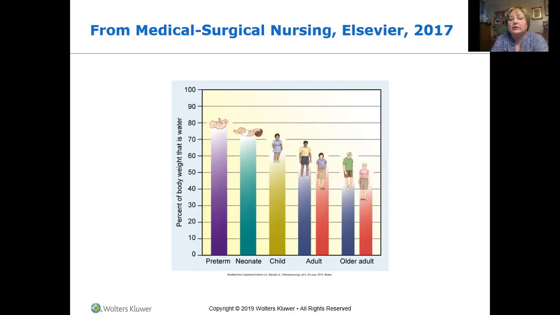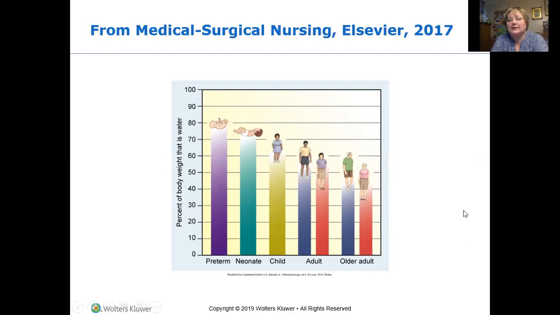An older adult, a female, is a little bit less even than a male in comparing the two. So hydration is very important for different reasons for your very young and your very old.